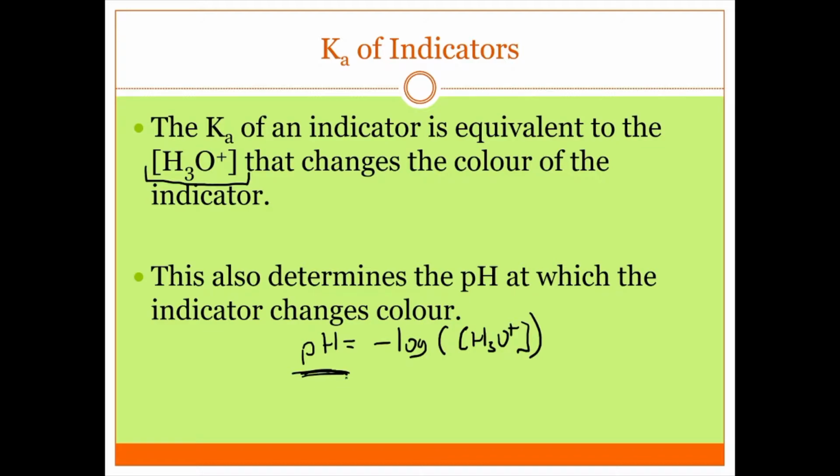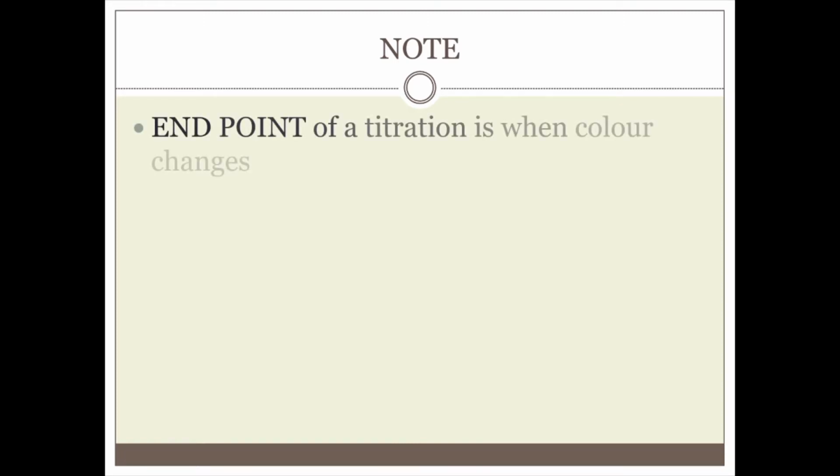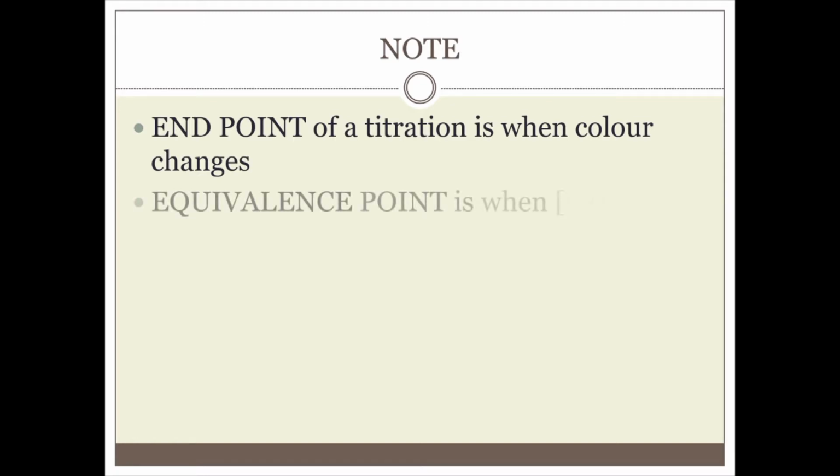So if something causes the indicator to change color, then we know what the pH is of the solution after the color has been changed. Now there's one thing of note, and this applies to titrations and indicators. In a titration, the endpoint is when the color changes, and we stop when there's an equivalence.